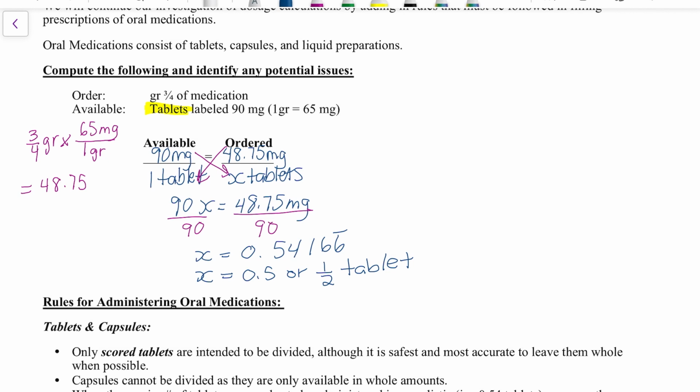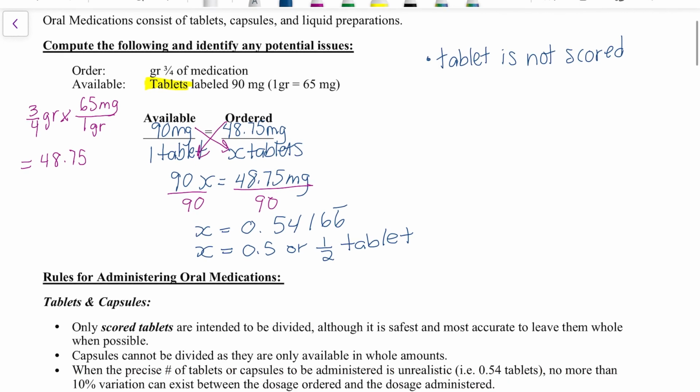So the first problem is that the tablet is not scored. If we're looking at what's available to us, these 90 milligram tablets, that is not going to be safe because we can't actually split that into a half tablet. And obviously we don't want to give them a full tablet because that's going to be too much medication for them. So the first issue is the tablet's not scored.